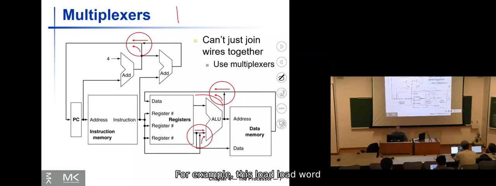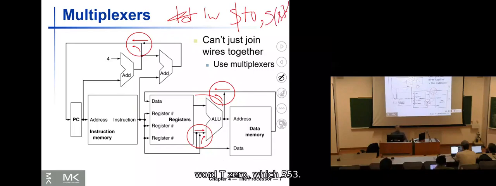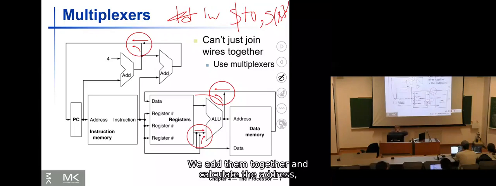For example, this: load word T0 with offset 5 and base S3. So the base address is S3, the offset is 5. We add them together and calculate the effective address. Then we go to memory.